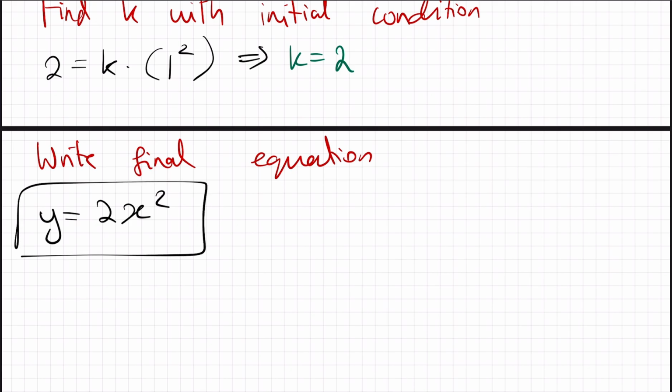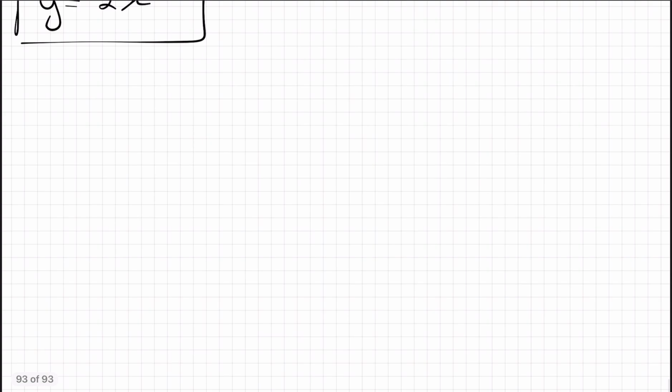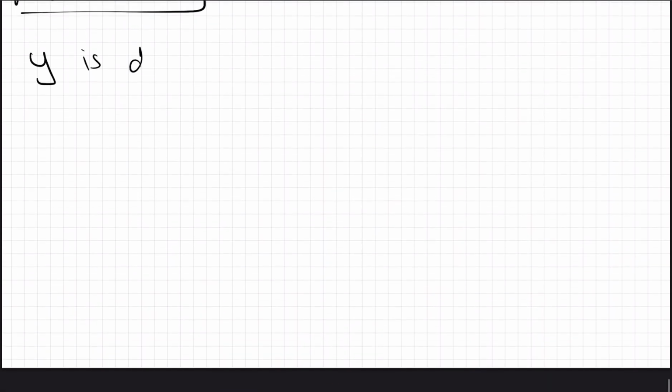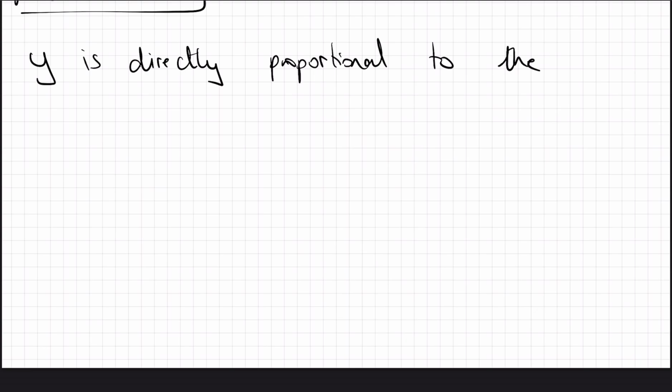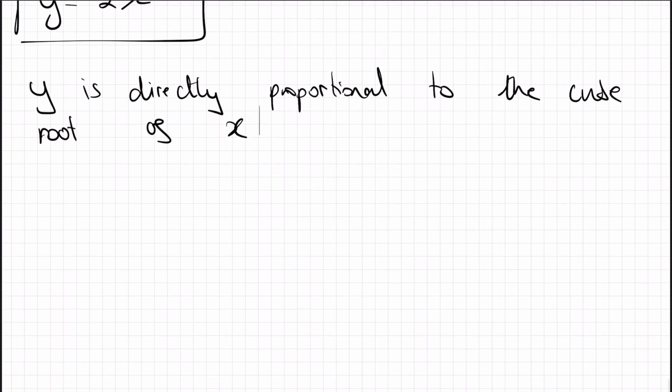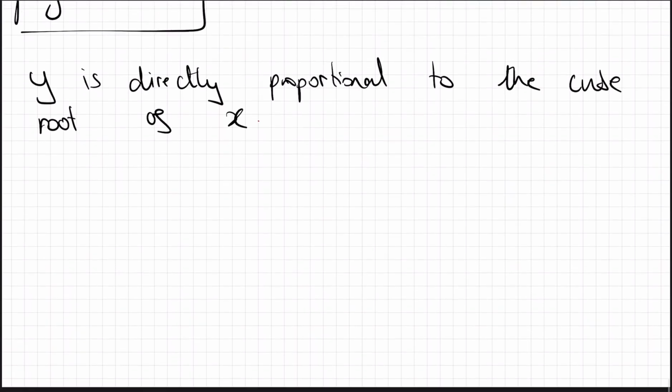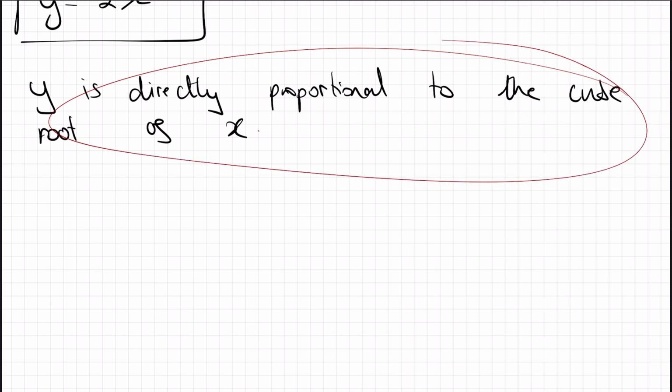I'll do one more example, just so you guys can really understand. Let's say y is directly proportional to, let's say, the cube root of x. Again, let's do the first step, which is to write this into equation form.